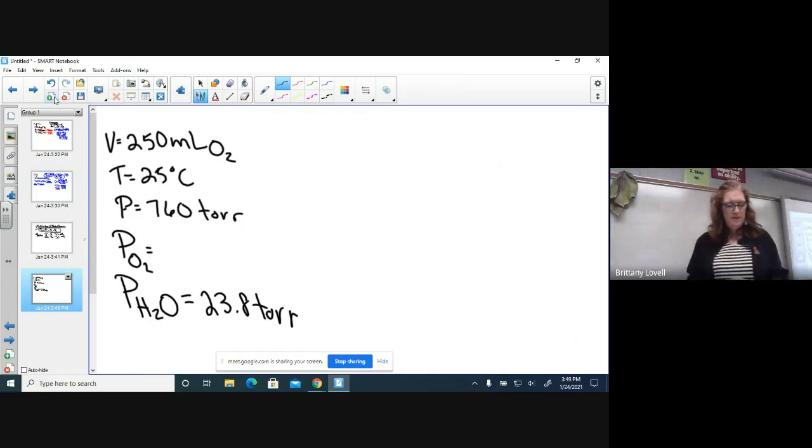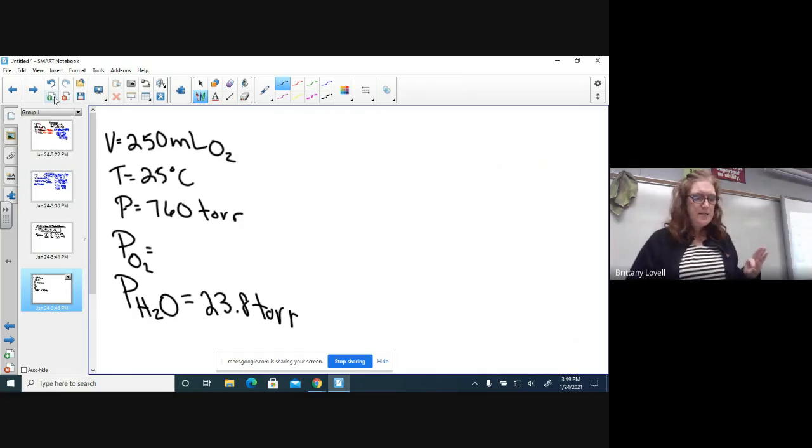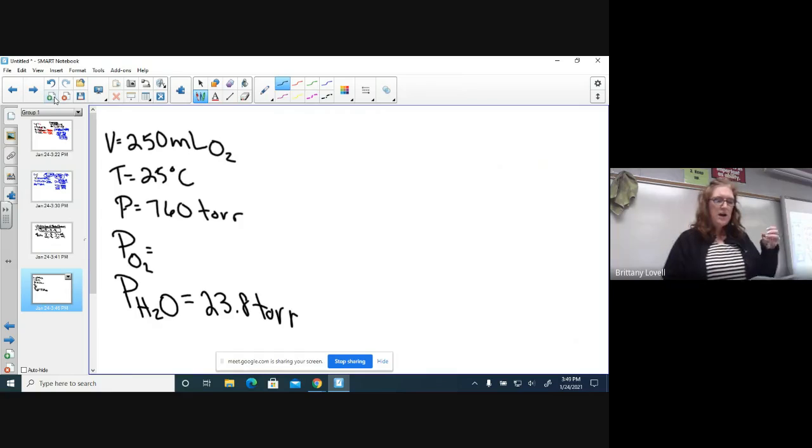So here's the thing. They mention like 3 different pressures in this problem. They talk about collecting gas over water, and that has a total pressure of 760 torr. They talk about one of the gases being the dry gas, the oxygen. One of the gases is the water vapor pressure gas, right? So the gas that's being collected is the one they're wanting to know about, and then you've got the water vapor pressure gas.